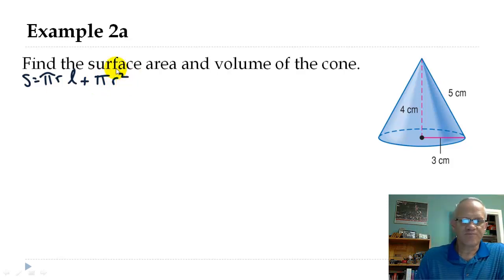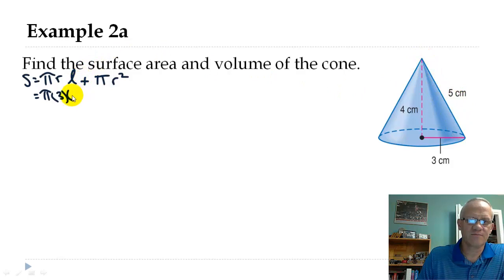Okay, so let's plug in what we can. Well, we know we got pi. What's r? If you look over to our drawing here, remember the radius is from the center out to the edge of the base. That would be 3, so we can plug 3 in here for the radius. L, remember, was from the vertex down the side of the cone, so that would be 5, plus pi times radius squared, and again radius is 3 squared.